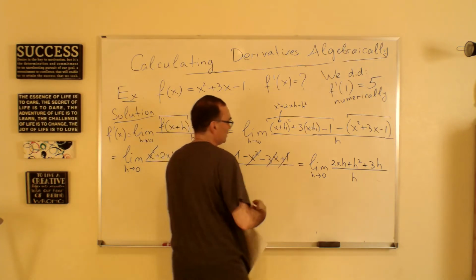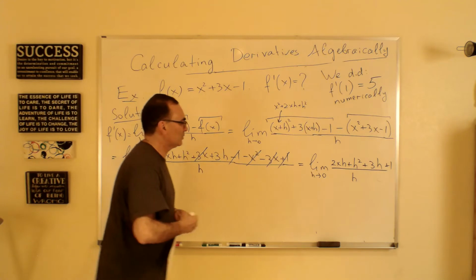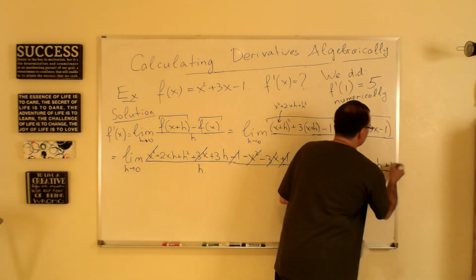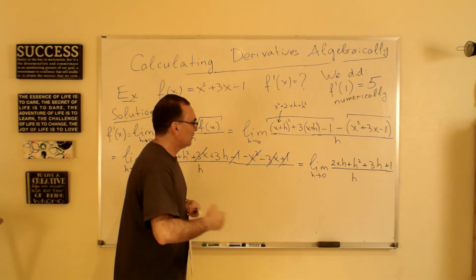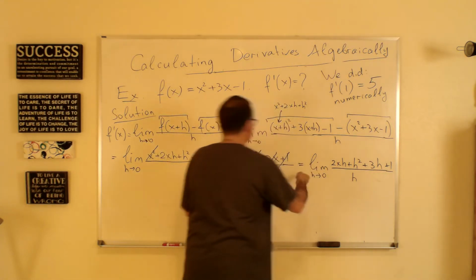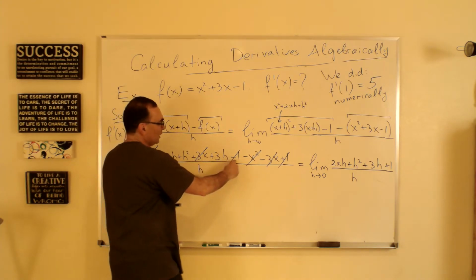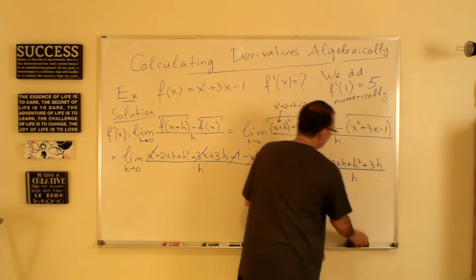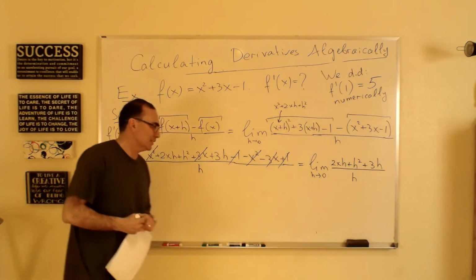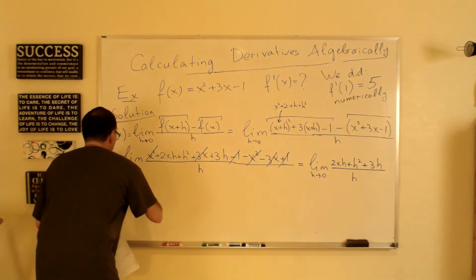So the plus 1 will stay by itself like this. And now you will not be able to factor out h, because you cannot factor out h out of plus 1. And this is how you know that you're doing something wrong. If this happens, you double check your work, go back, put minus 1 where it belongs, and then cancel this plus 1. And now you know that you can factor out h, and this is an indication that you are on the right track. So now let's continue.